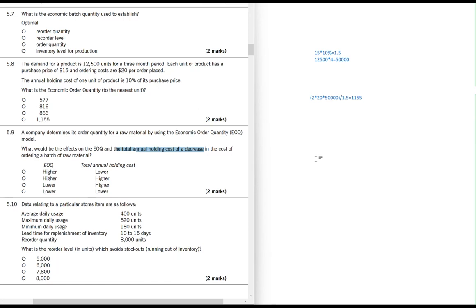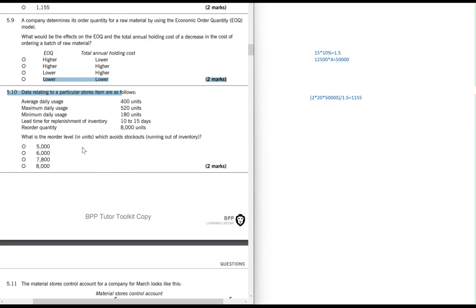So what would you do? You would buy many quantities at a time and place fewer orders because it is very difficult to deliver from the supplier. But if that supplier becomes near, you order less quantity and you order many times. So when the cost of ordering reduces, you order less quantities, and because of that holding cost reduces. So ordering quantity and holding cost both become lower. So D would be the answer.